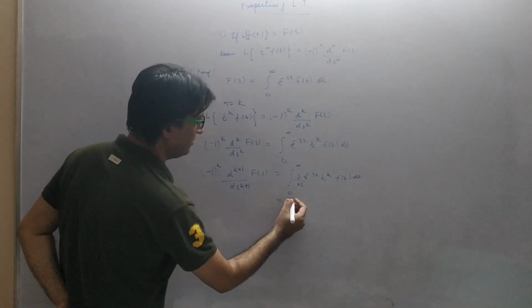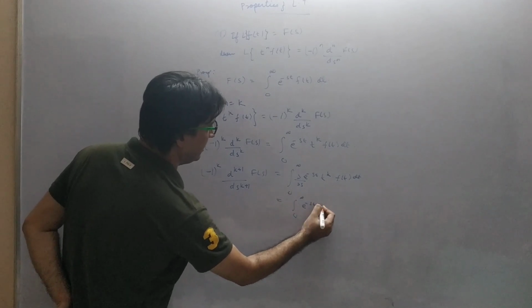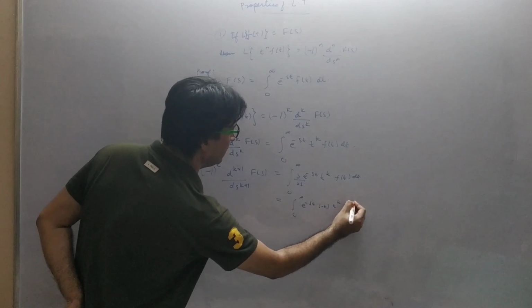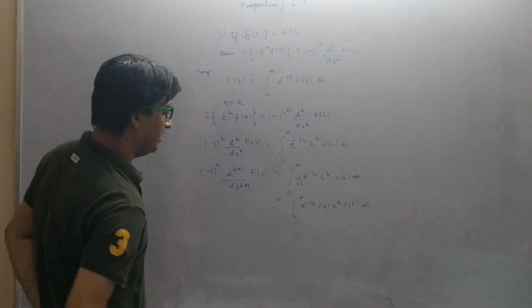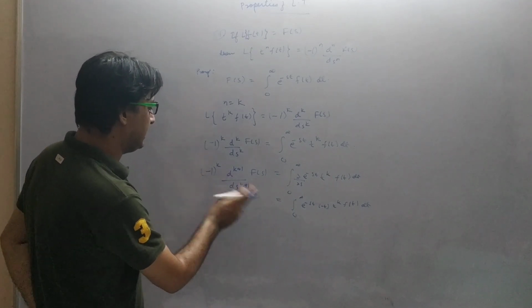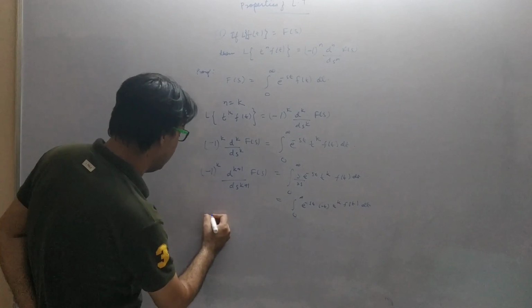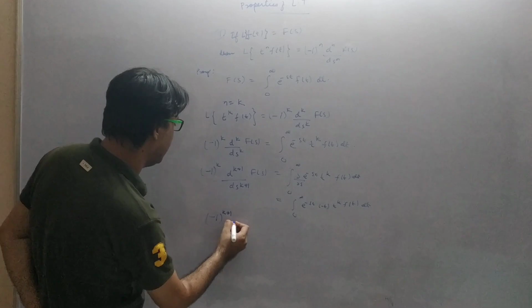So this becomes integral 0 to infinity e to the power minus st, and again this becomes minus t times t^k f(t) dt. Alright, so we multiply this side with minus 1, so it becomes (minus 1) to the power k plus 1.